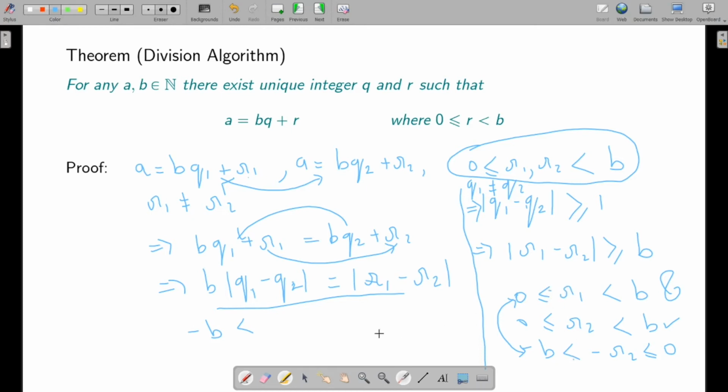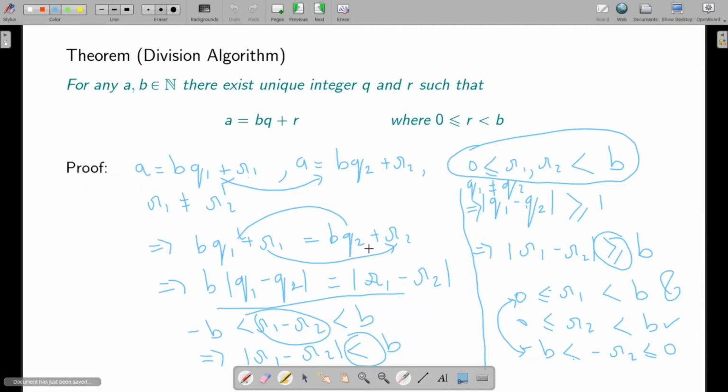Again, the same idea, which tells me that this number lies between minus B and plus B, which means that its modulus should be strictly less than B. Now look at the sign here and look at the sign there. You see that we have a contradiction.